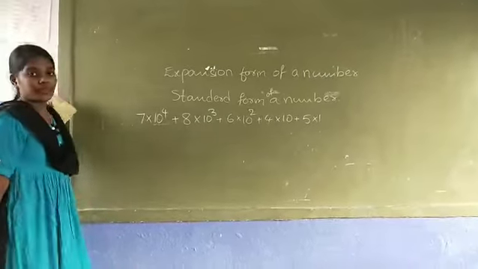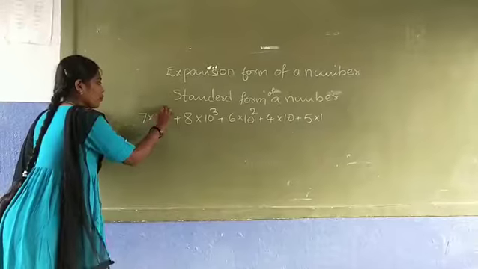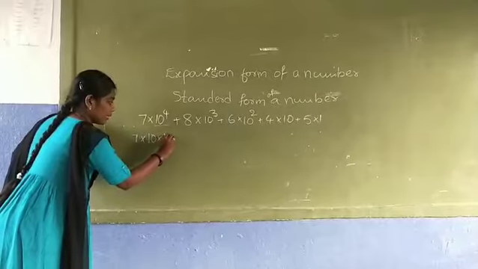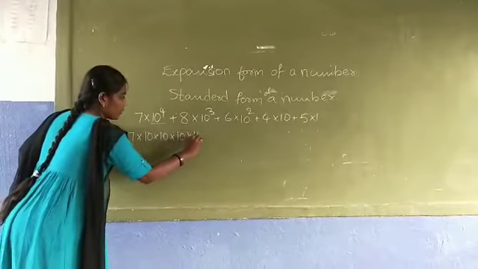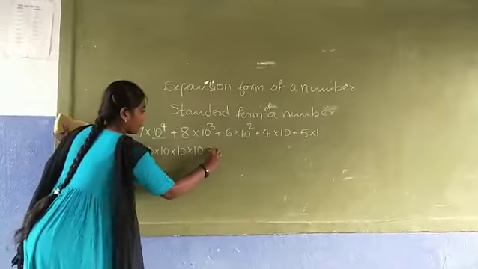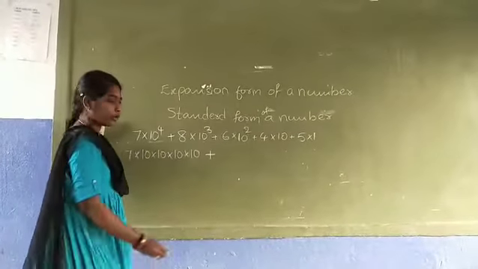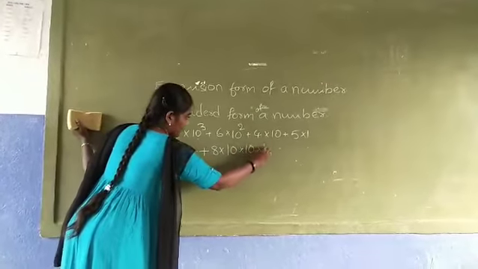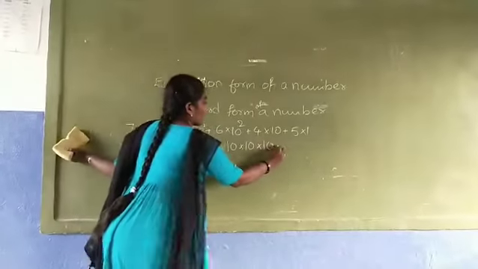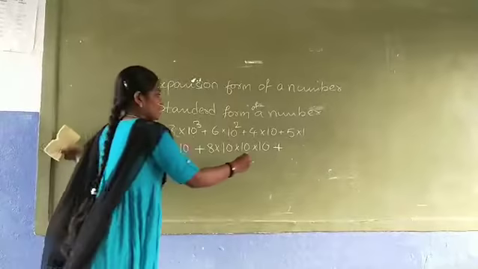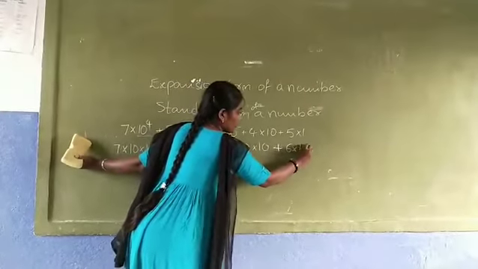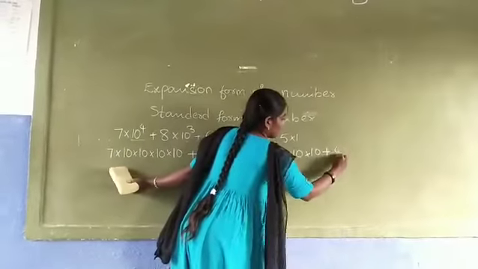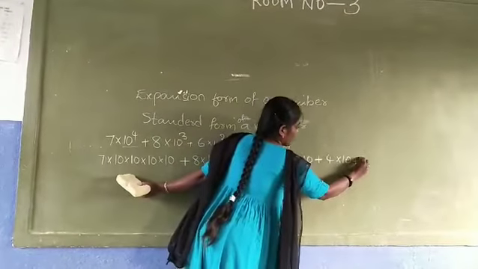What is the value of 10 to the power of 4? 10 to the power of 4 means we have 4 tens, that is 10 into 10 into 10 into 10. 10 cube means we have 3 tens, another 10 and one more 10. 10 square means 2 tens. 6 into 10 into 10. Only one 10, then 4 into 10 plus 5 into 1.